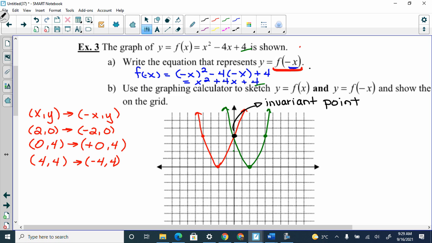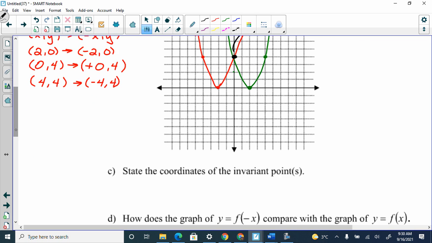And you have to explain why it's an invariant point, which you could do using mapping. You could say there's a reflection in the y-axis. You have all the tools in your toolbox to explain why that remains invariant. So state the coordinates of the invariant point. It's going to be at (0, 4).